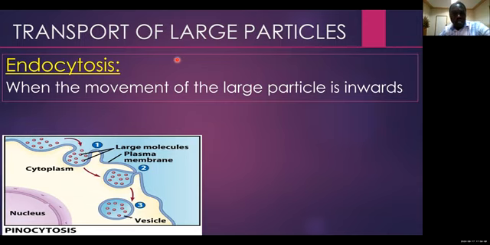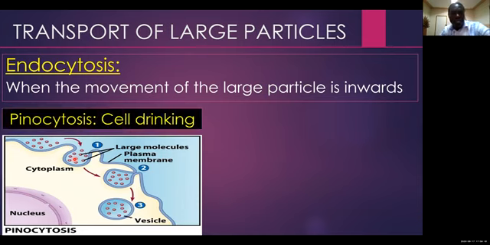If that large particle moving into the cell is fluidy in nature, then we call that pinocytosis. Pinocytosis means that the cell is drinking, in quotes, because what is going in is actually fluid. The way you drink porridge, you take in fluid. Pinocytosis.